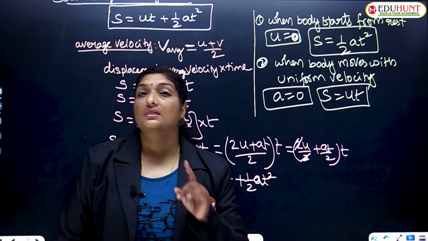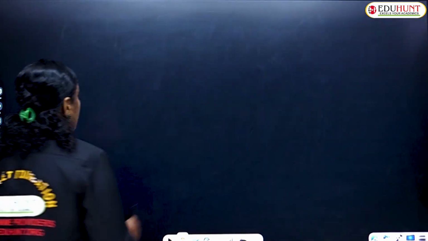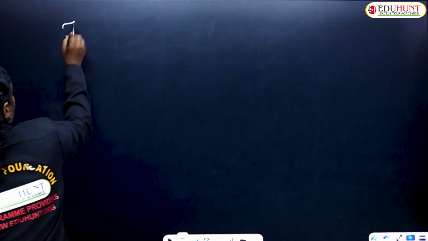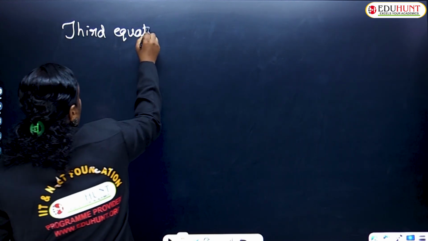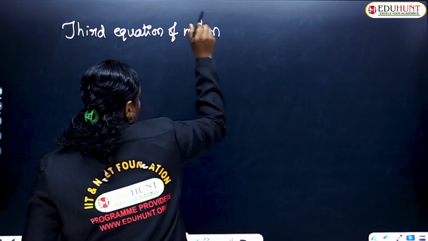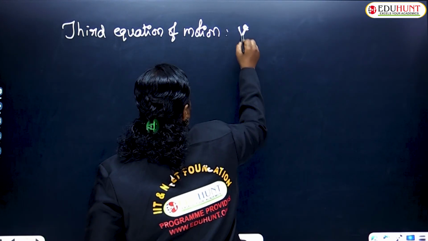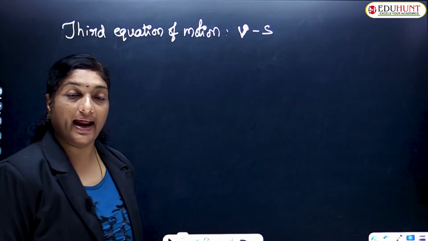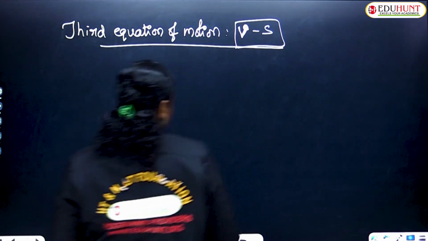Now moving to the third equation of motion in kinematics. The third equation of motion gives us the relation between velocity and displacement.